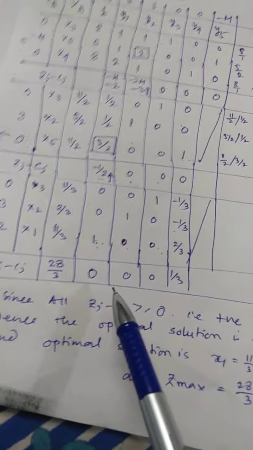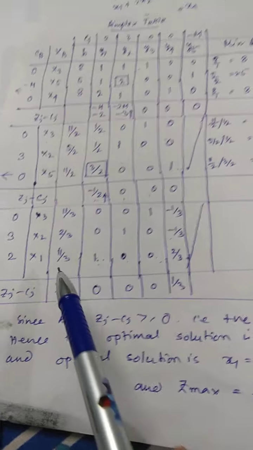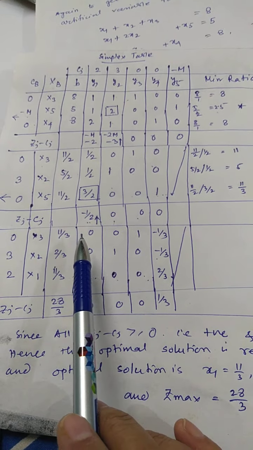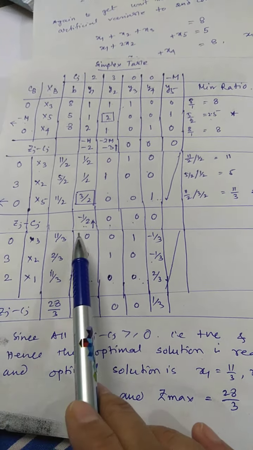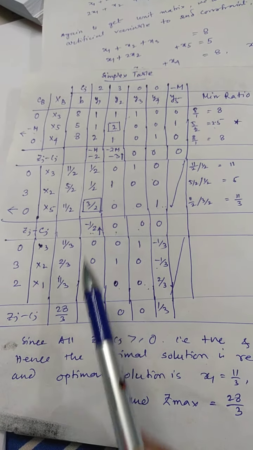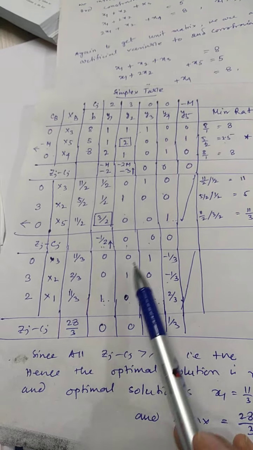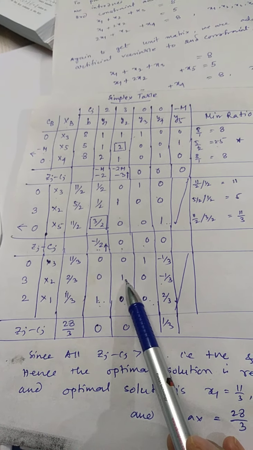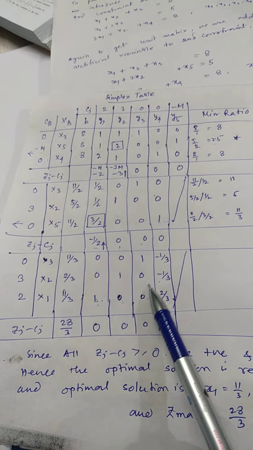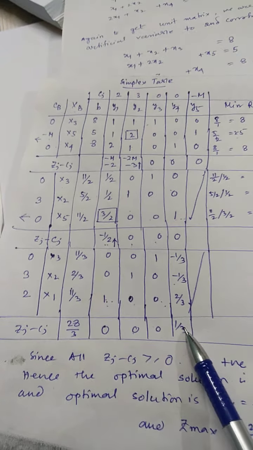So now we calculate Zj minus Cj accordingly. 0 into 0, 0, 3 into 0, 0, plus 2 into 1, minus 2 equals 0. Similarly 0 into 0 plus 3 into 1 plus 2 into 0 is 3, 3 minus 3 is 0. Similarly this value is 0 and this is 1 by 3.